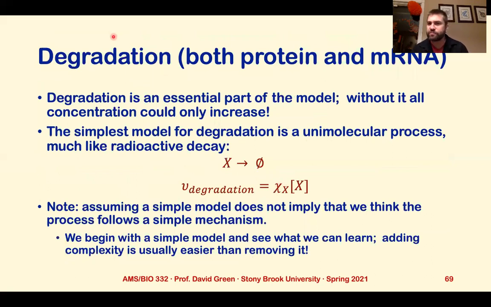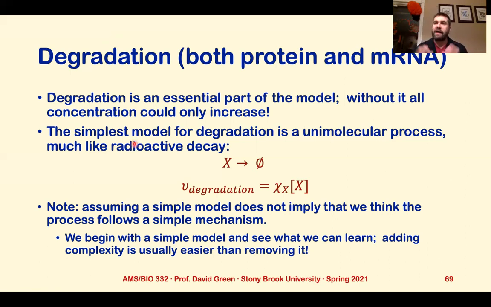First of all, degradation. Starting here because the model that we're going to work with is an incredibly simple one. We can think about how this process might be modeled for both protein and mRNA degradation. The simplest model for degradation is a unimolecular process. Degradation is something that happens in the physical world, in the chemical world, abiotically all the time. Radioactive decay is a degradation process.